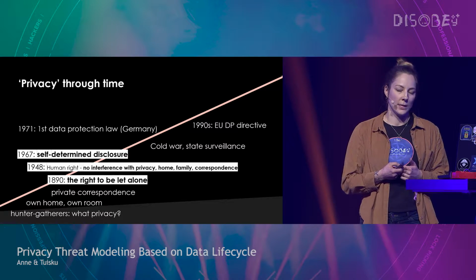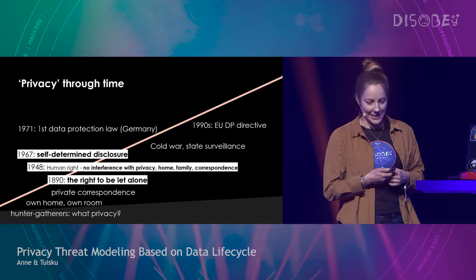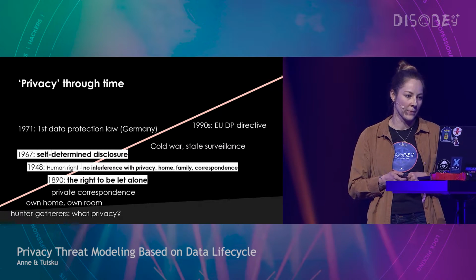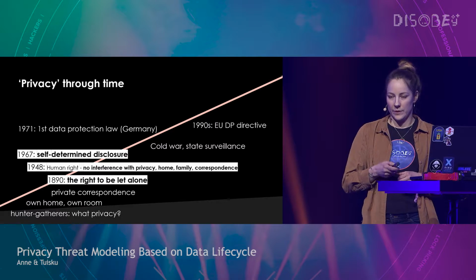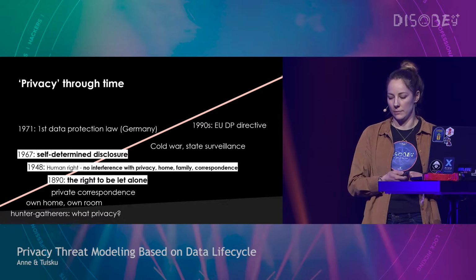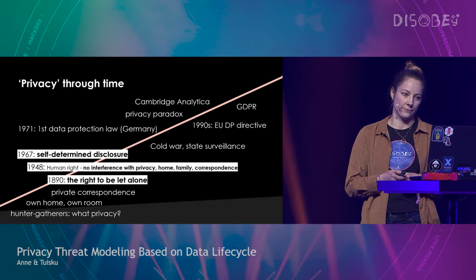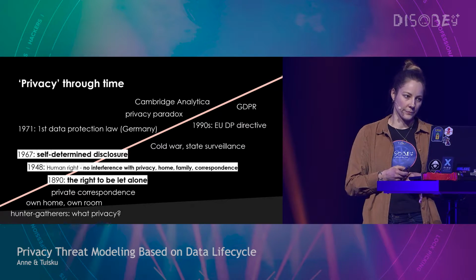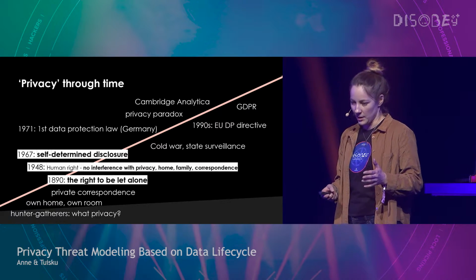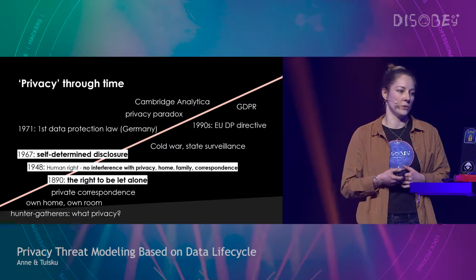Then we'd have the Cold War, and states would be the enemy to privacy, a bit different kind of idea. We would have the first data protection law, 1990, the EU Data Protection Directive. Going forward, in the GDPR era, we would have social media, and maybe companies would start becoming the enemy to our privacy.